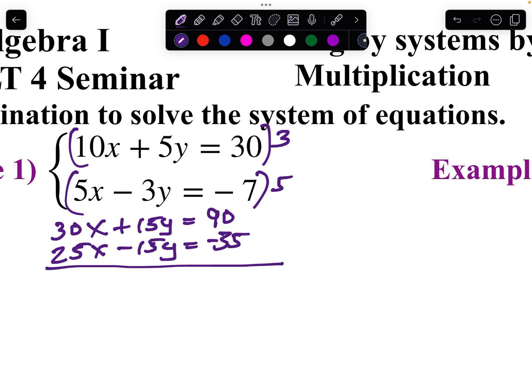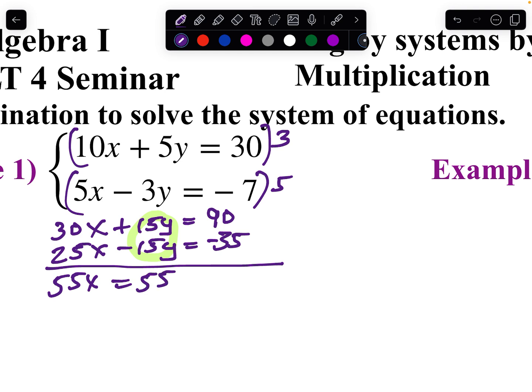Now add my equations up. 30 plus 25 is 55x. My y's, they make 0, don't they? And then 90 minus 35, well, that's 55, isn't it?